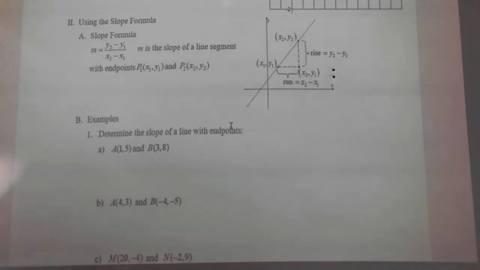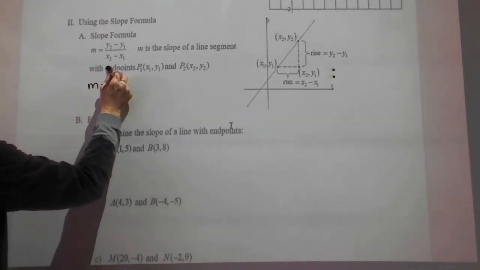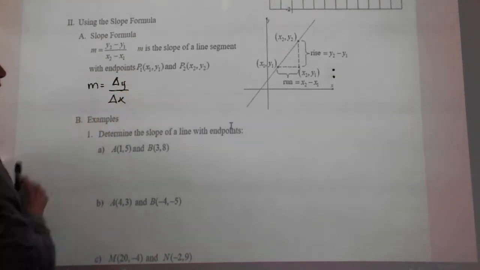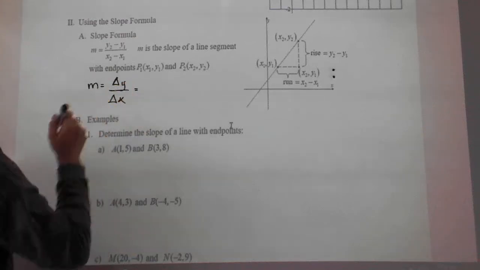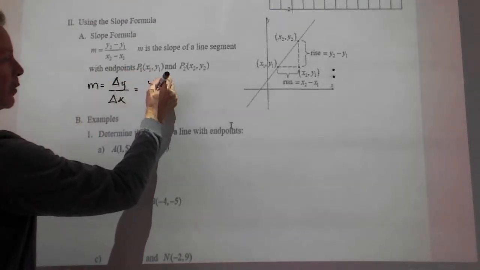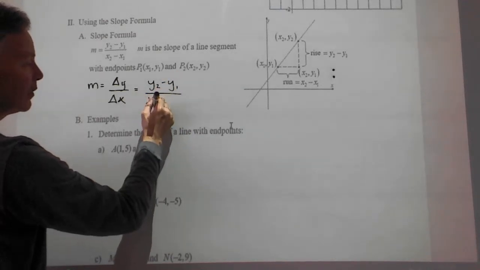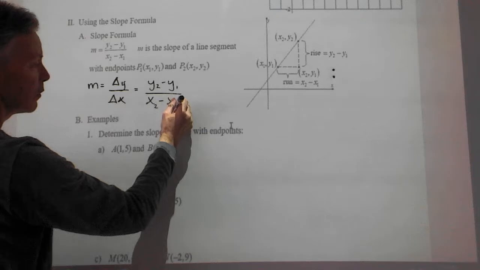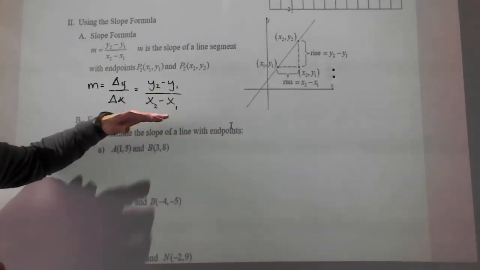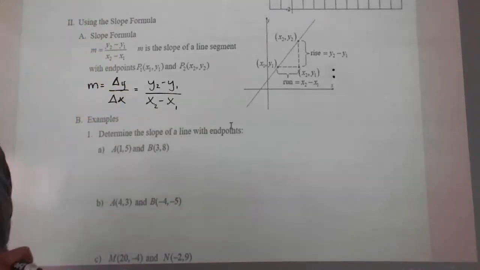Now, if you're given 2 points on the line, our slope formula, change in y over change in x, can be rewritten as y2 minus y1 over x2 minus x1. Okay? Now that looks a little bit weirder, but it's essentially the same thing.